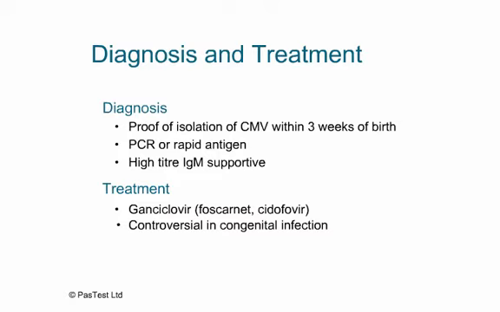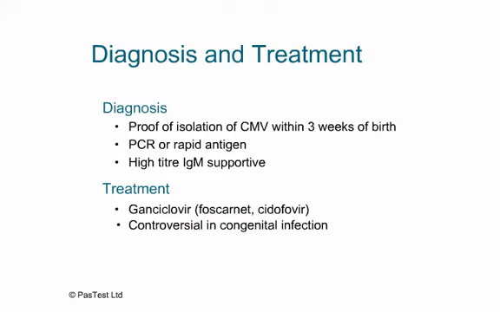In addition to PCR, there were a number of other tests which are being used less and less. Initially, there is the rapid antigen test, which can be detected on any body fluid, urine, blood in particular.